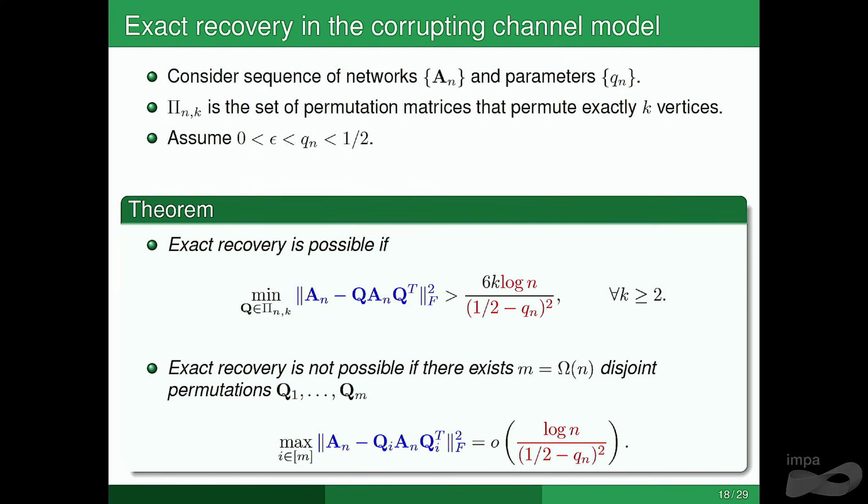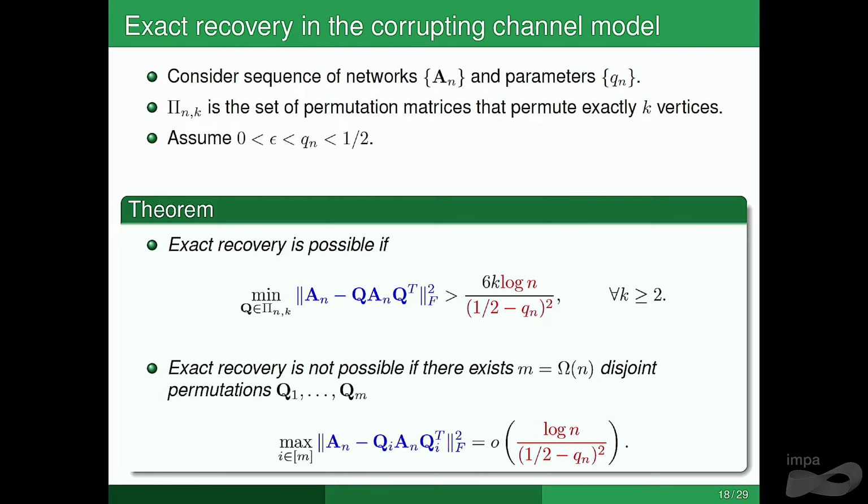Now I'm going to give you an overview of the proof of this result. As I mentioned, this is in some sense slightly more general than the correlated ER model, because here you can plug in any model that you want for A and look at whether this model actually satisfies that threshold.